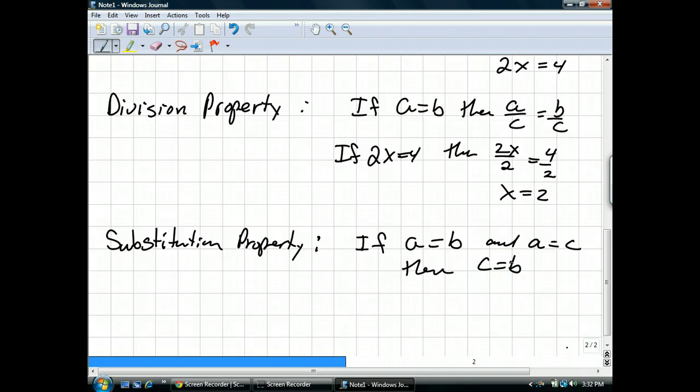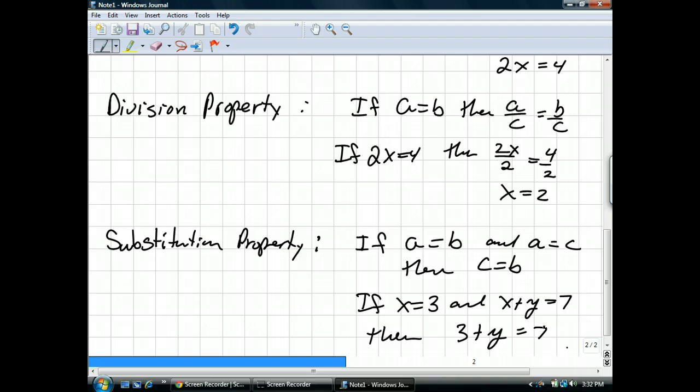In other words, we can substitute an equivalent value. So if x equals 3 and x plus y equals 7, then we can rewrite that as 3 plus y equals 7. So notice that what we did there is we replaced the x with what it was equivalent to. Okay? So that is the substitution property.